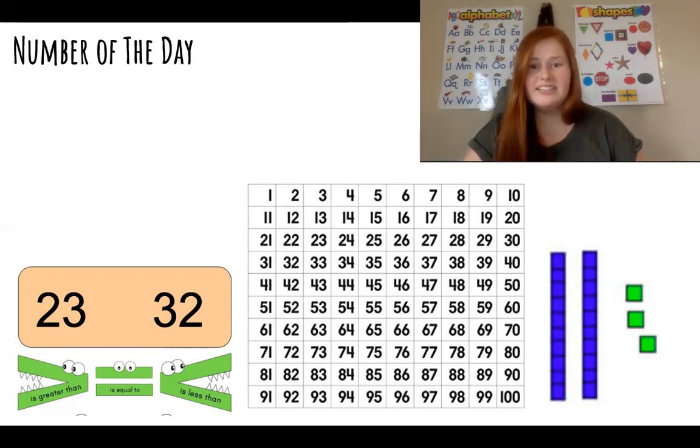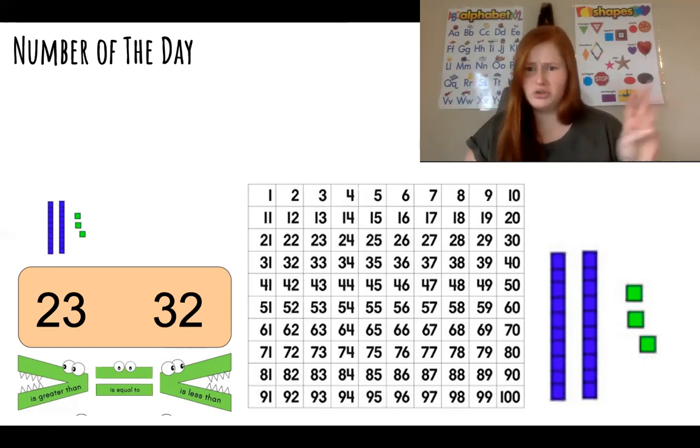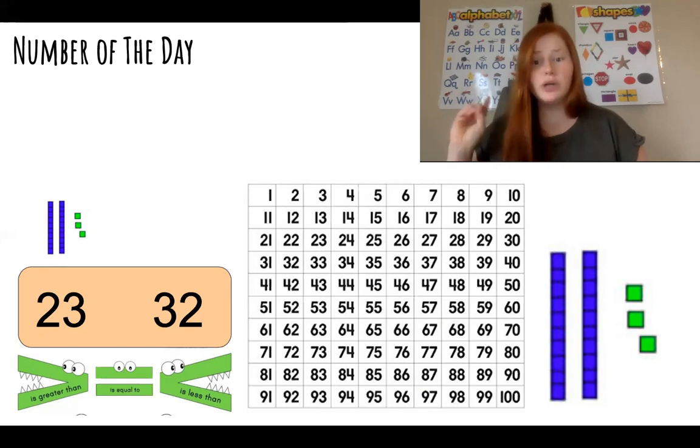So before we decide if the first number is greater than, equal to, or less than, we're going to visualize those numbers and see their groups of tens and the extra ones. Let's start with the 2 and then the 3. That one's saying 2 groups of 10, 10, 20, 3 extra ones, 21, 22, 23. The number is 23.